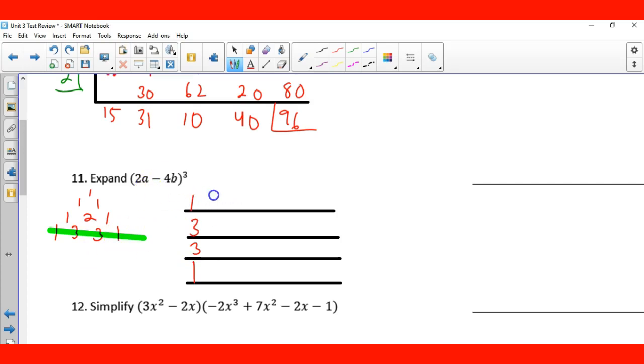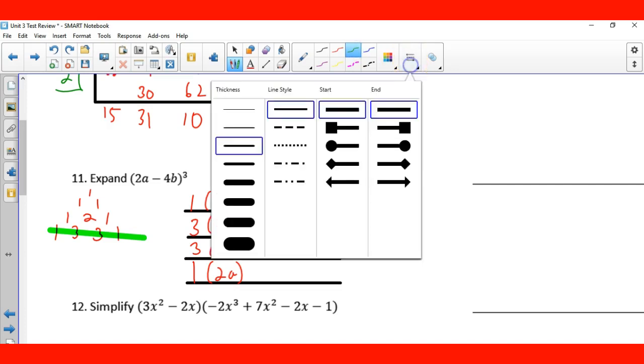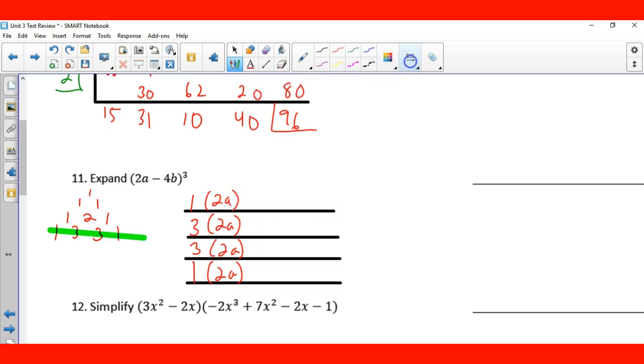Then I write down my first term, 2a, like that. Now, because this is cubed, I want to start with that exponent, 3, and work my way down. So I go 3, 2, 1, 0. Those are my exponents.